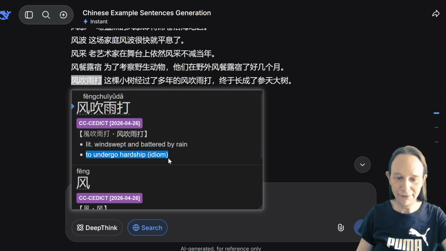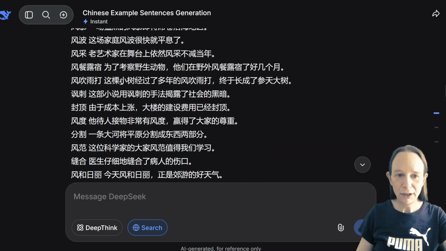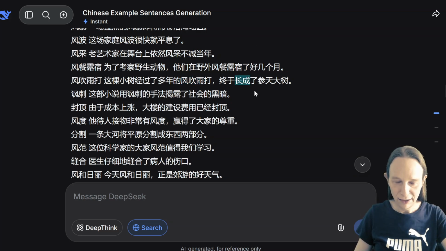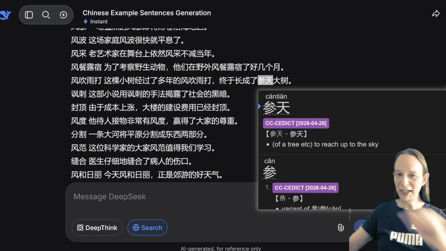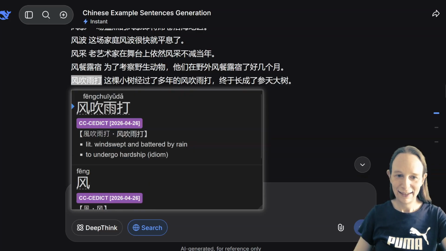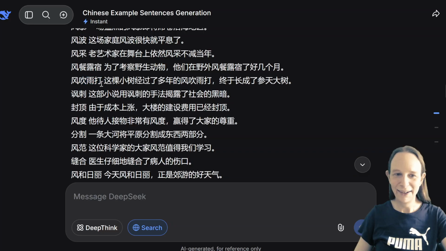Okay, also figurative for hardships. 这棵小树，经过了多年的风吹雨打，终于长成了参天大树. 参天 is like skyscraper, so it became a massive tree. 参天, reaching up to the sky. Right, 参天. All right. Again, it's kind of obvious from the characters what it means.